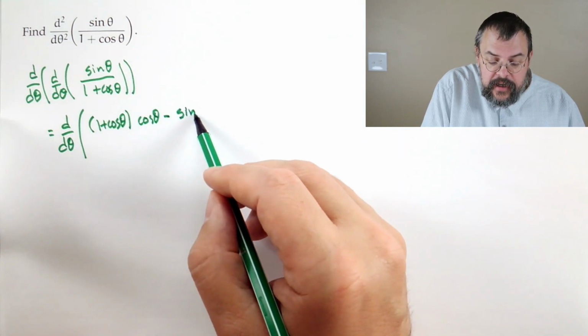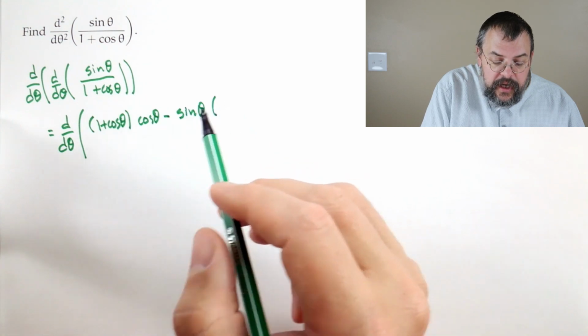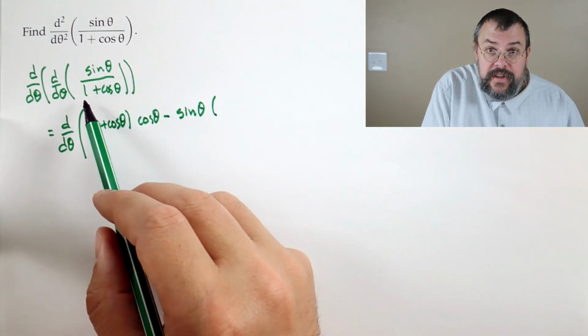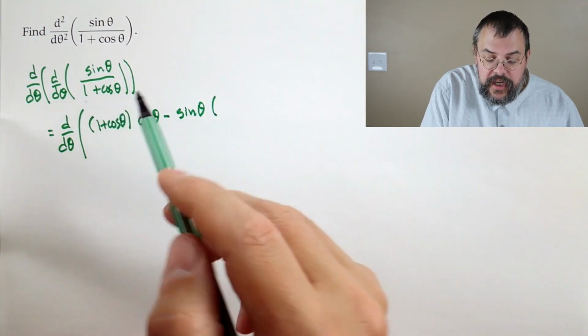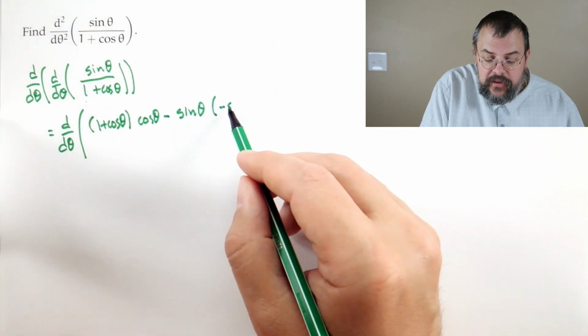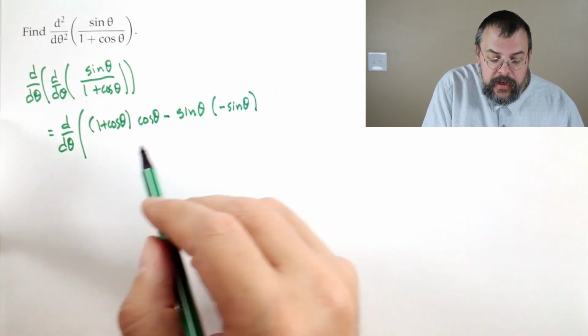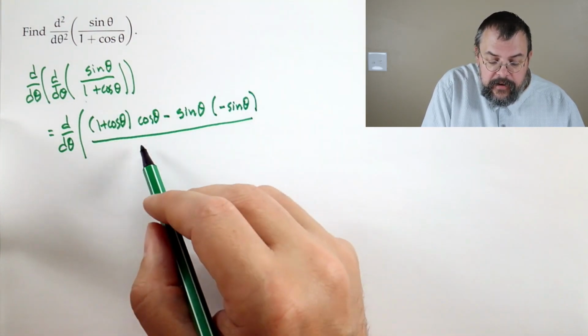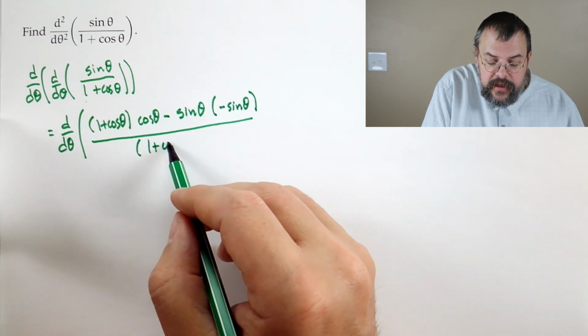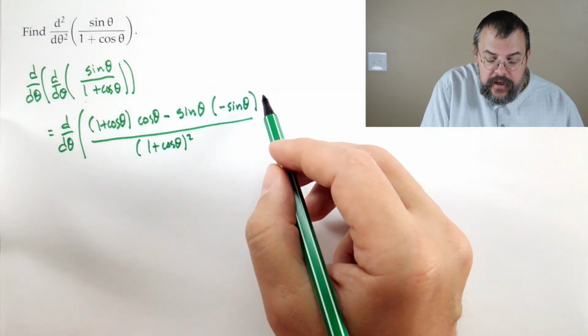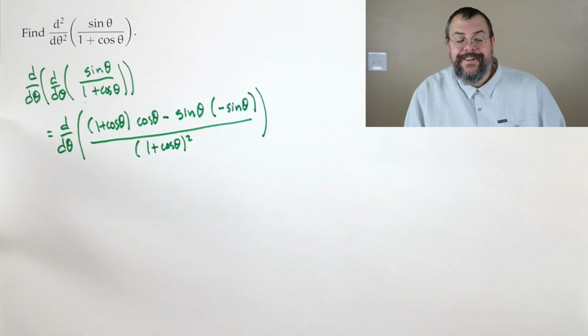Well, sine, times the derivative of the bottom. Derivative of 1 is 0, because it's a constant. Derivative of cosine is negative sine. All of that, divide that by the bottom squared.